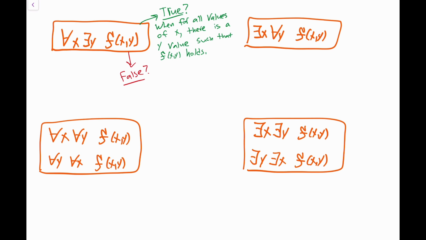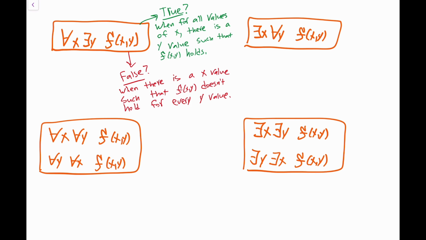It would just be the contradictory of them. And so we would have, when there is an x such that f of x, y doesn't hold for every y value. And notice that it really is the exact opposite of being true. So instead of saying for all x values, we're just talking about a single x value. Instead of talking about just a y value, we're talking about every y value.